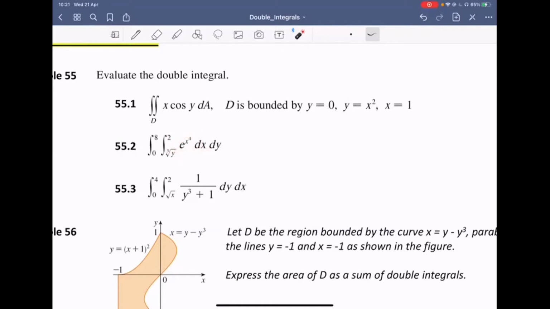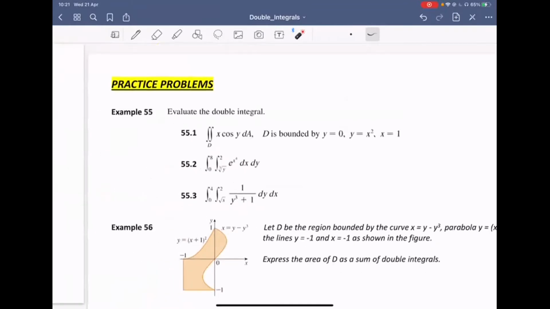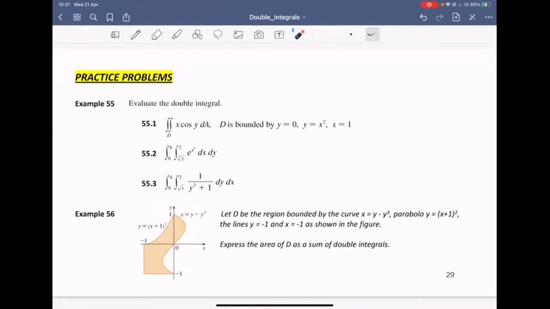Because you have no clue how to integrate that thing. Even if you use integration by parts or something, there's no way you can do that. So you have to switch the order of integration. That means you have to draw the picture and then switch the order of integration. This is the question that you need to practice. And that's all for this chapter.